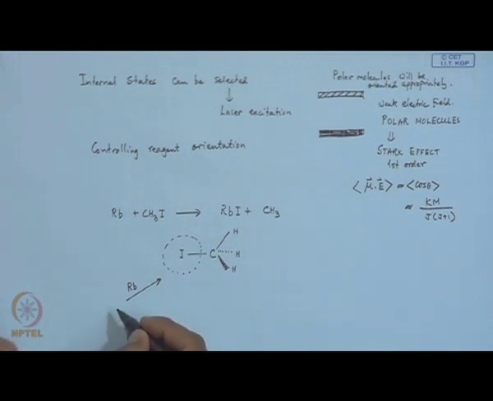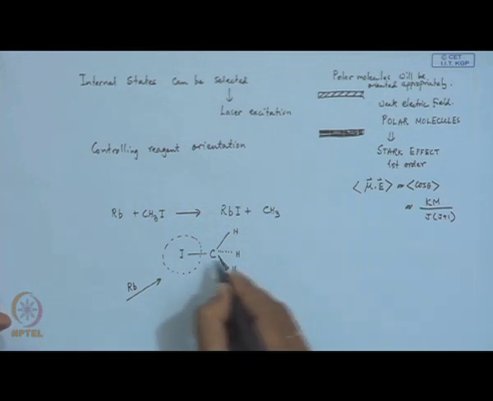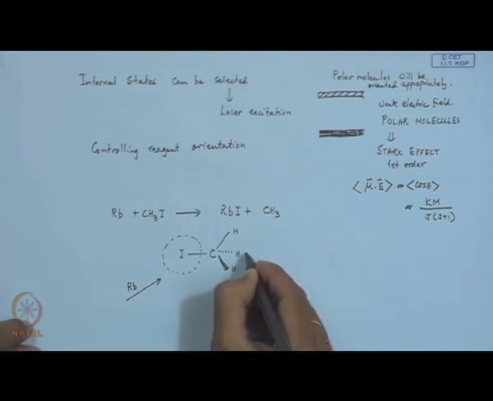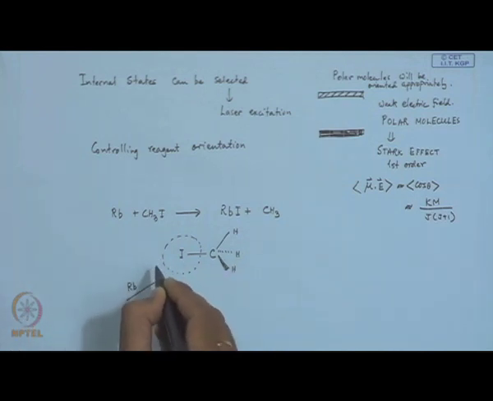So if you measure that, it should give you the idea whether this geometry or the other geometry is important or not. And whether there is a barrier, I mean if it is approaching from this side, whether you are getting your product, or if it is approaching from that side. So, does the reaction face any barrier with respect to the angle at which it is attacking your reactant?